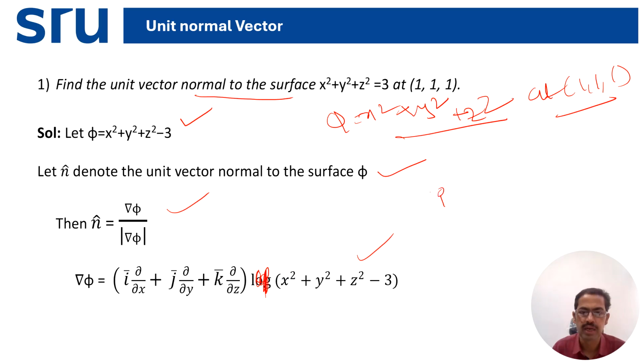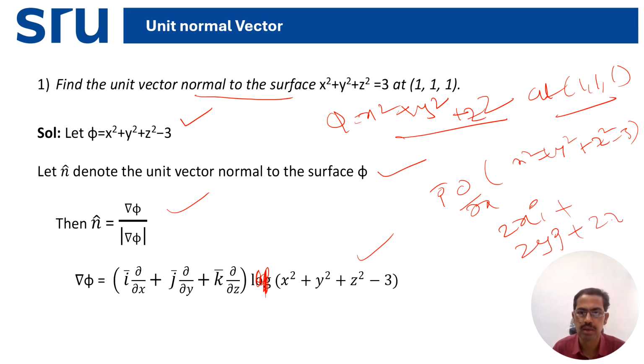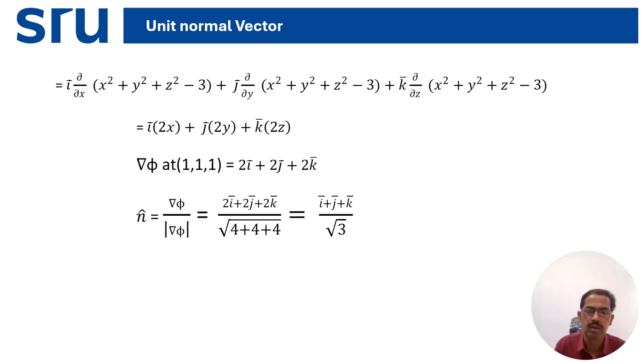So now i bar times dou by dou x of this surface equation, x square plus y square plus z square minus 3. With respect to x, it is 2x i bar. With respect to y, 2y j bar. With respect to z, 2z k bar. So this is 2x i bar, 2y j bar, 2z k bar. At the point, just substitute the point.